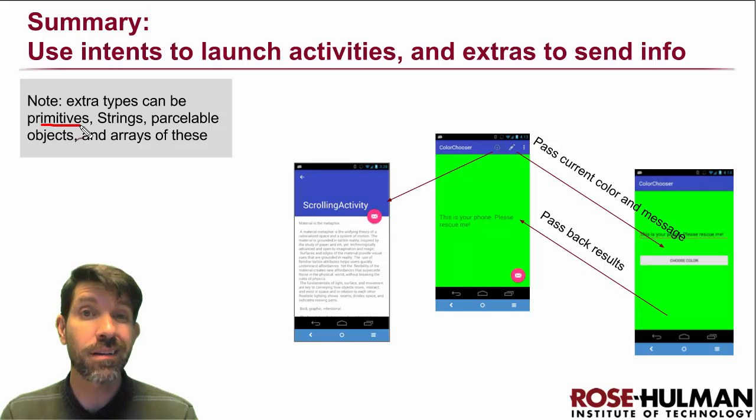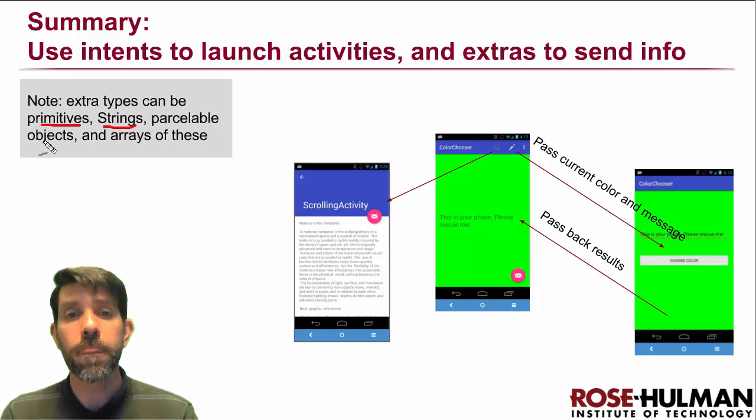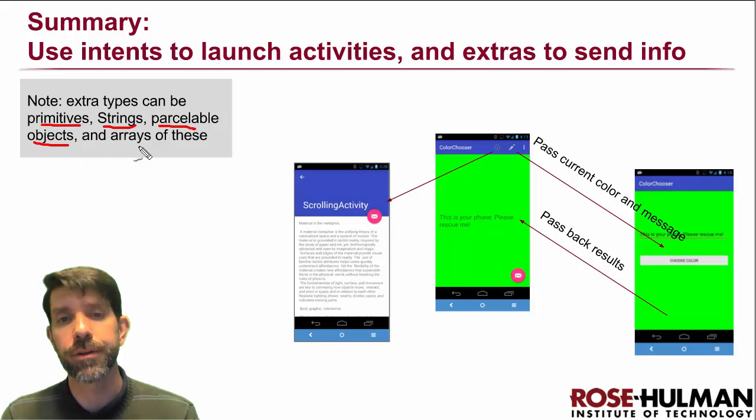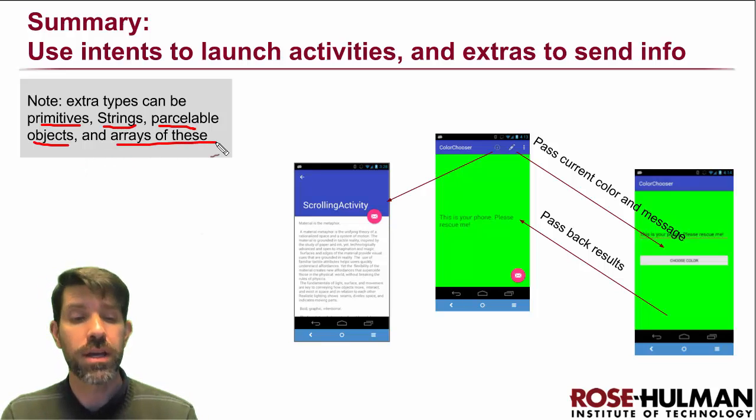Basically any kind of primitive type works fine, strings as we saw. You can use any object you want as long as it can be flattened into what's called a parcel, kind of like being serializable. We'll talk more about these later in this unit. And you can also have arrays of any of those types, and array lists of a couple types as well. So pretty good stuff.